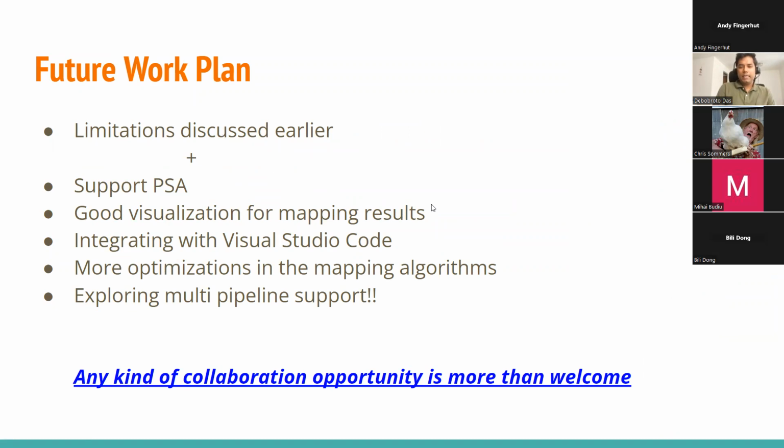And besides this, I have a couple of other goals. After finishing computing the mapping, there is no good visualization result, so I'll try to put in some good UI or visualization for that. And I have also planned to integrate that with Visual Studio Code. So these top 4 are my current higher priorities.